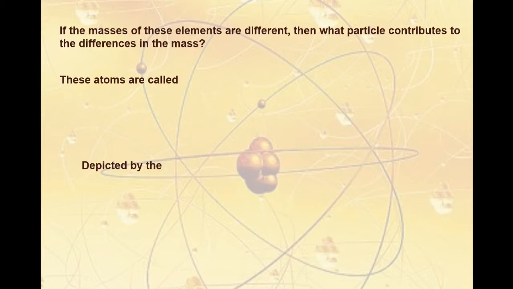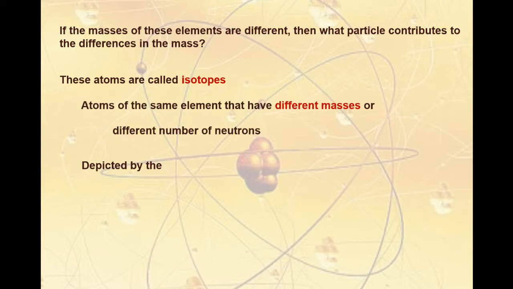If the masses of these atoms are different, then what particle contributes to the differences in the mass? Think about this, because I just said that the number of protons of an atom of an element never ever changes. So the subatomic particle that contributes to the difference in the mass has to be the neutron.